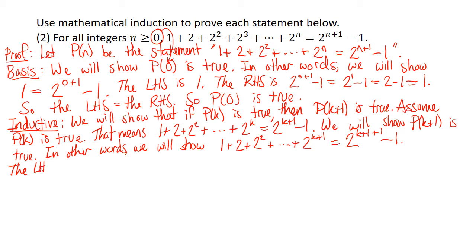The left-hand side is, so now what I'm going to do is I'm going to rewrite it, and I'm going to pull one extra term out of the end of the dots. So the term that would have gone right before 2 to the k plus 1. The term right before that, that's abbreviated by the dots, is 2 to the k, because you know you have 2 to every integer.